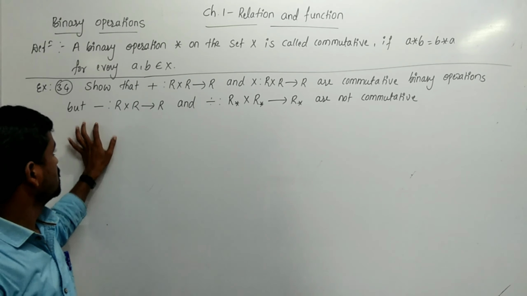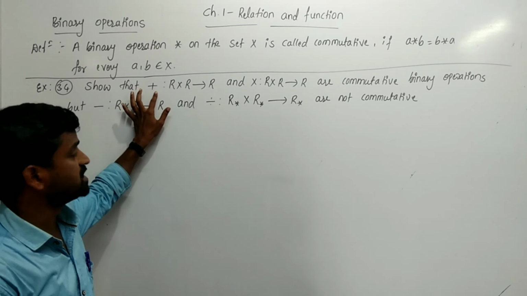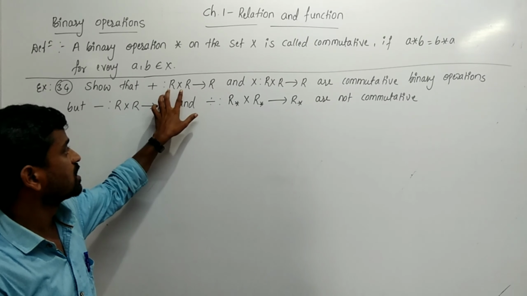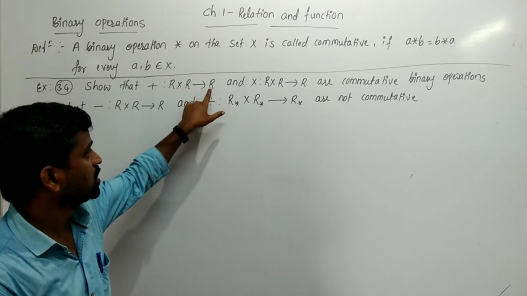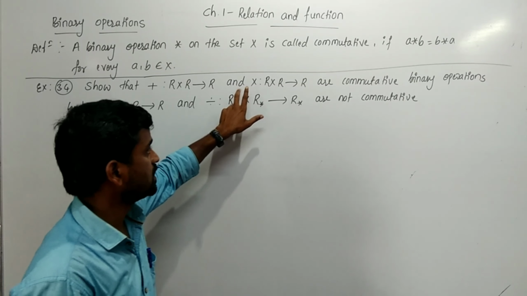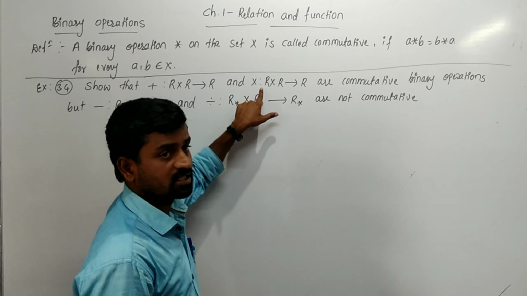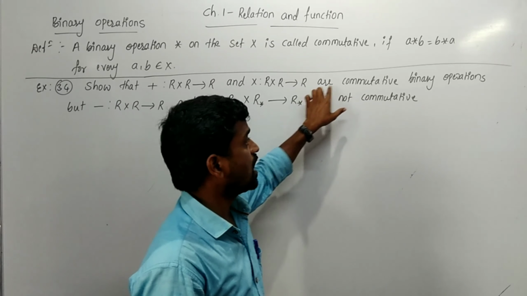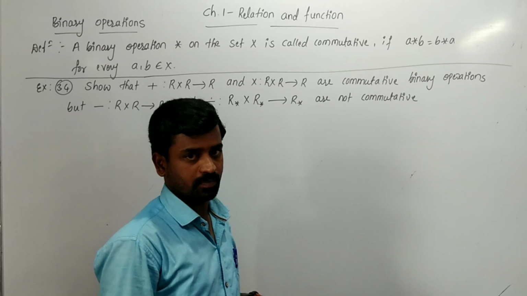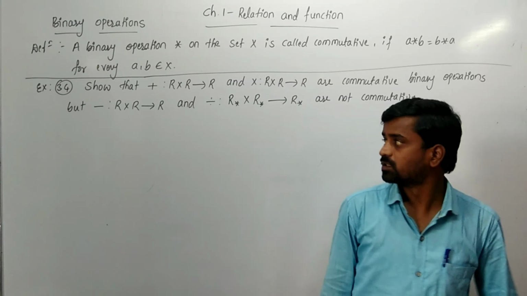Example 34. Show that addition from the Cartesian product on the set of real numbers to real numbers, and multiplication from the Cartesian product on R to R, are commutative binary operations.